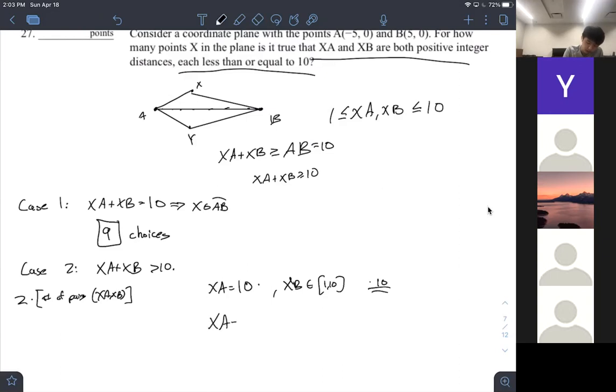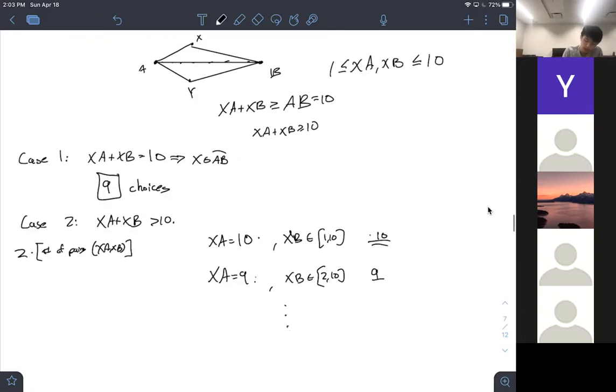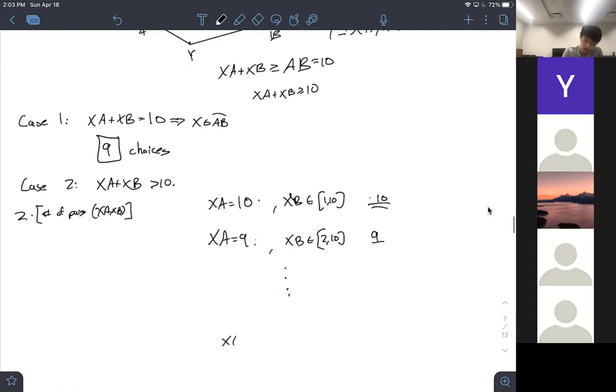What if XA equals 9? Well, then XB has to be between 2 and 10, because if XB equals 1, then XA plus XB equals 10, and that's not greater than 10. So we have 9 choices, and then this continues all the way down to XA equals 1, at which point you have 1 choice.